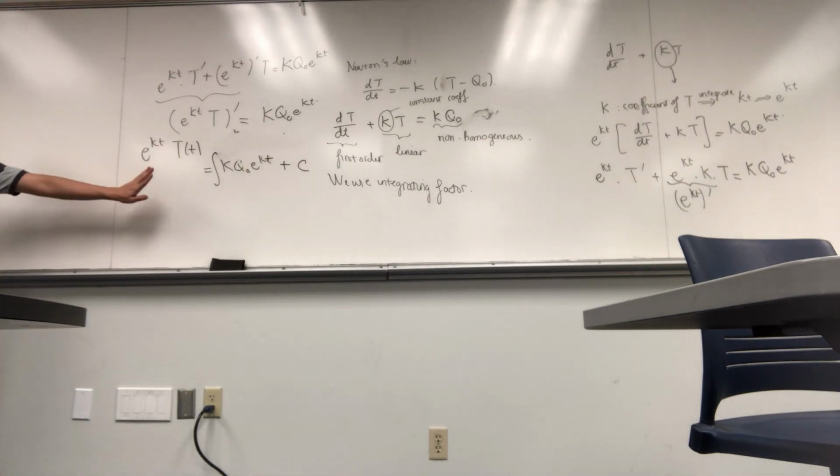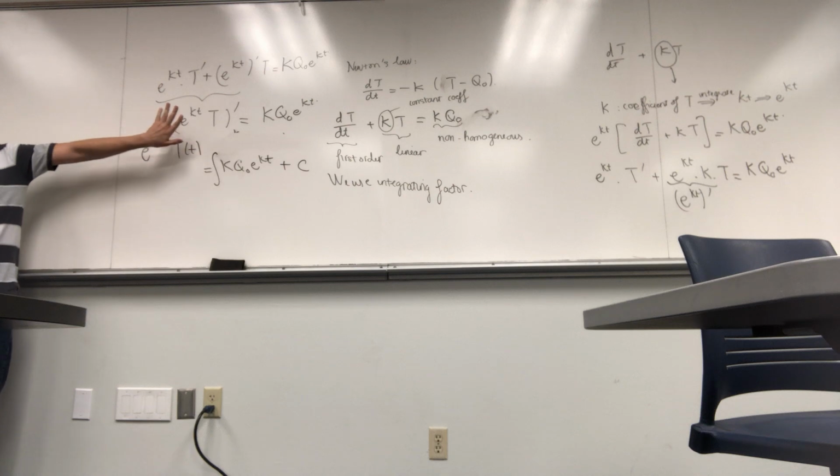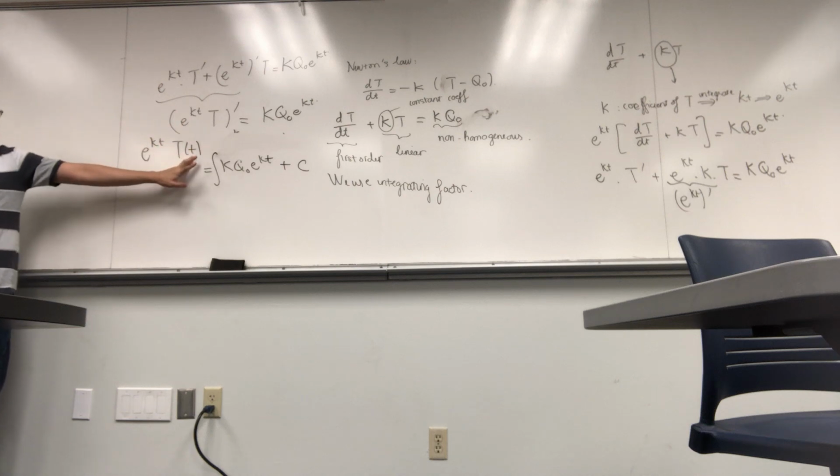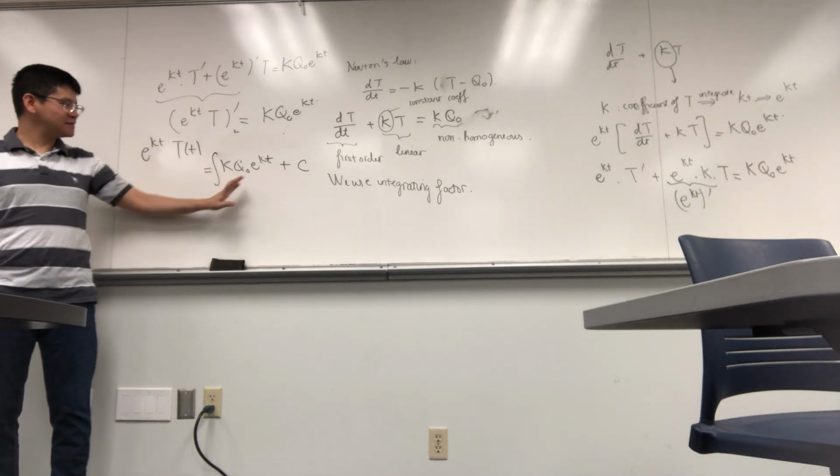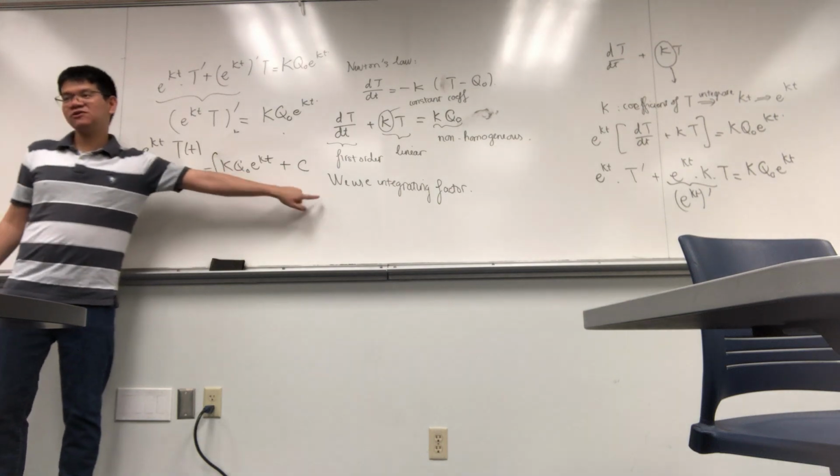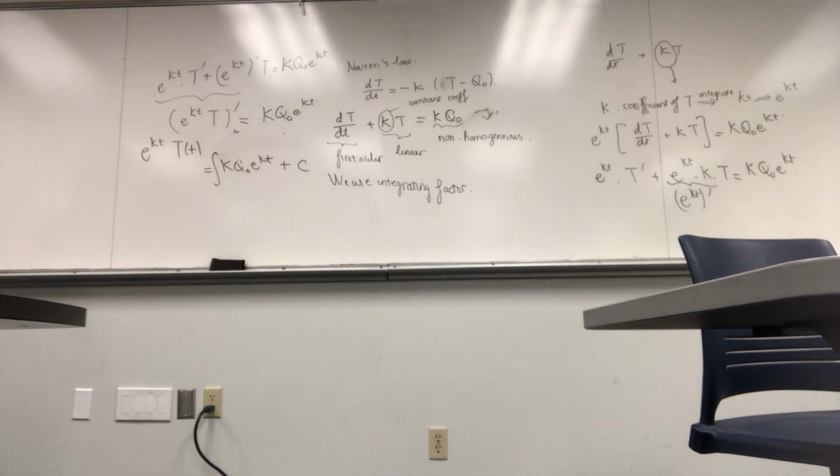On the left-hand side, you have e to the kt times T. What is the antiderivative of this function?